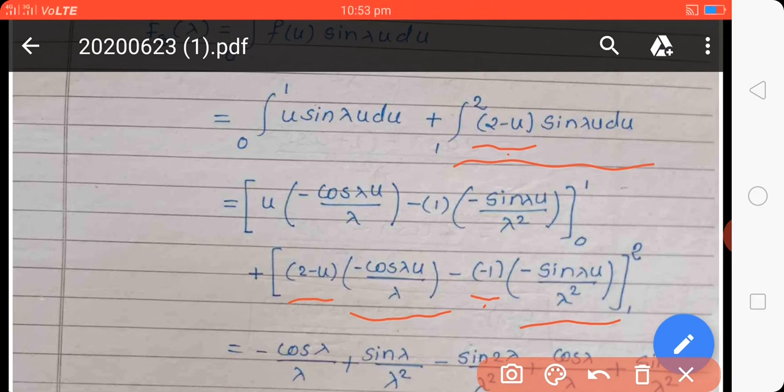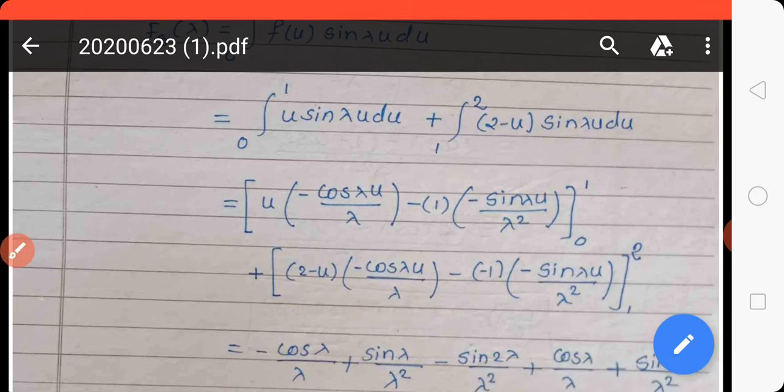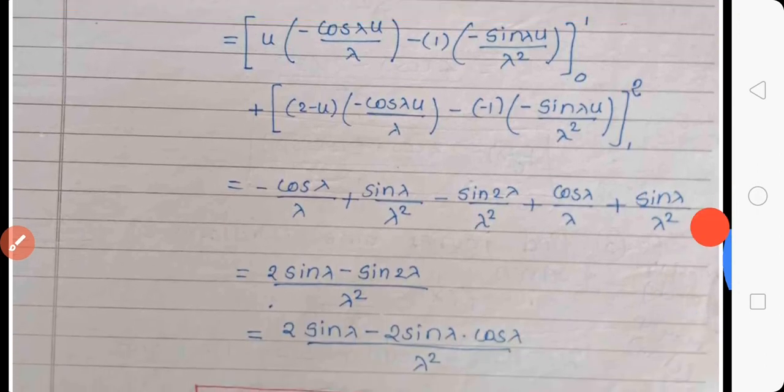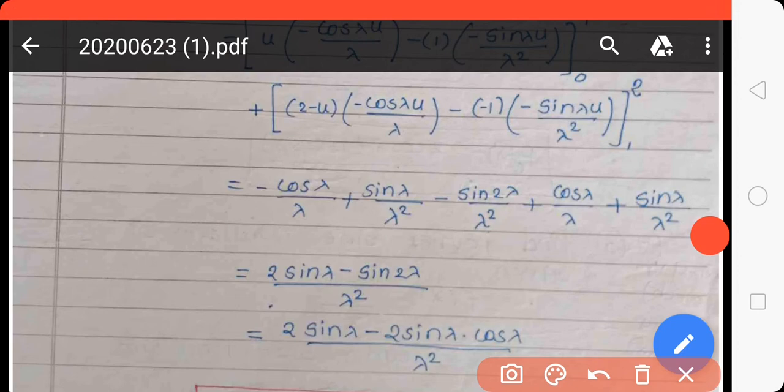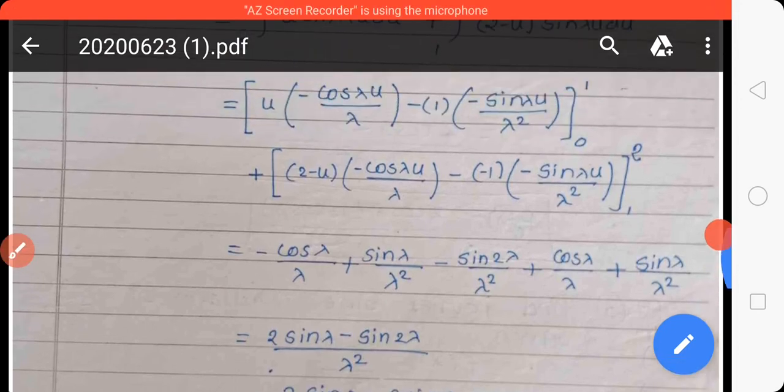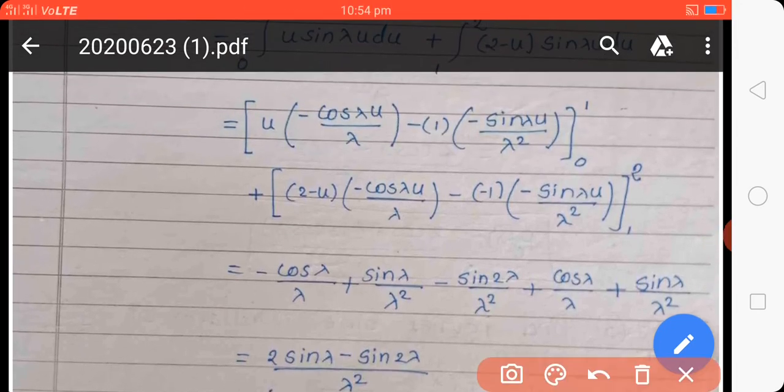If we put the limits, then here we got the value. If we put the limits from 0 to 1 in this term, and put the upper limit, then we got 1 into cos lambda upon lambda.